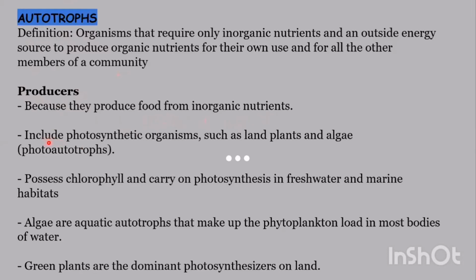Autotrophs include the photosynthetic organisms such as land plants and algae, which are known as photoautotrophs. They possess chlorophyll and carry on photosynthesis in freshwater and marine habitats. Algae are an example of aquatic autotrophs that make up the phytoplankton in most bodies of water. Green plants are the dominant photosynthesizers on land.